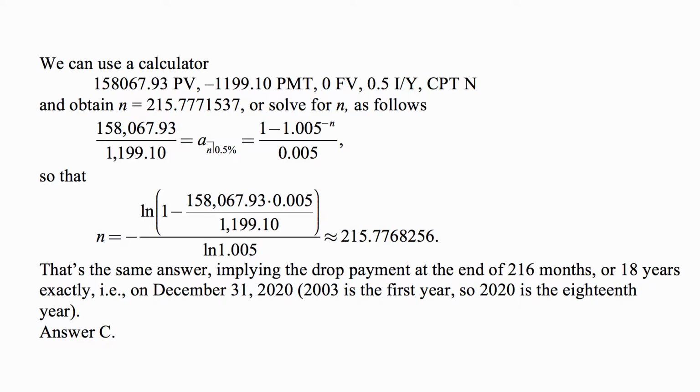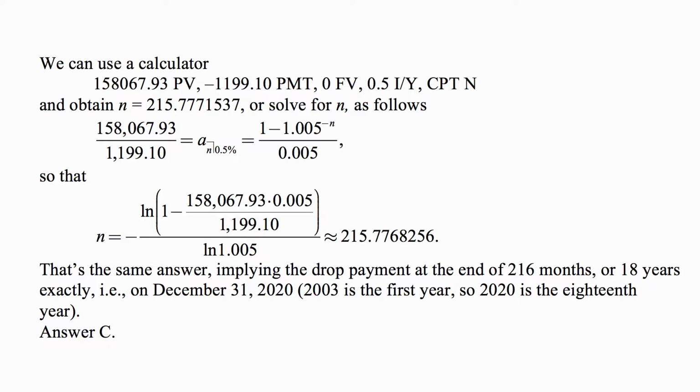In the calculation, the initial balance has a different sign than the payments made against it. So negative 1199.10 as the payment, 0 as the future value, 0.5 as the interest rate.